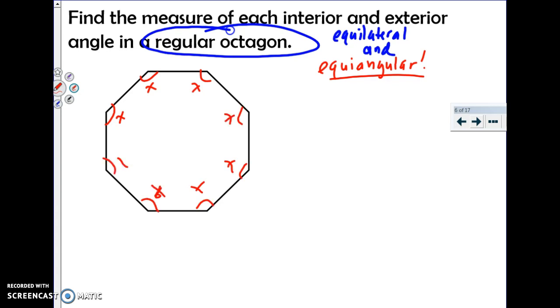If all the interior angles are the same, that means all the exterior angles are also going to be the same. So let's do exterior first. I know that 8x is going to equal 360 because all the exterior angles are going to add up to 360. And let's actually call this 8y so I can keep my exterior angles separate from my interior.